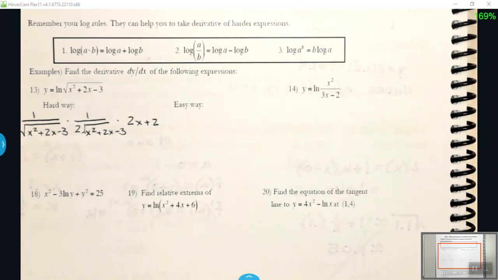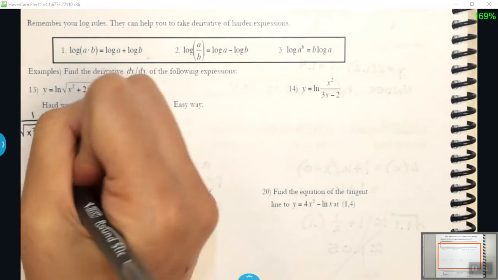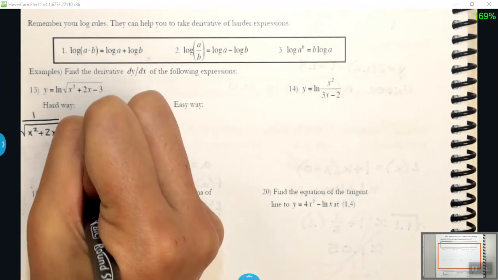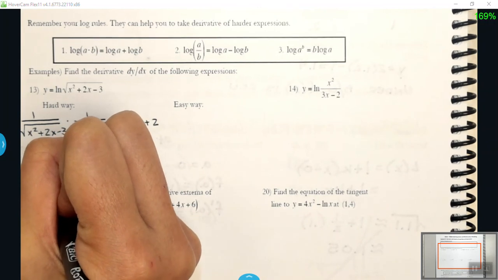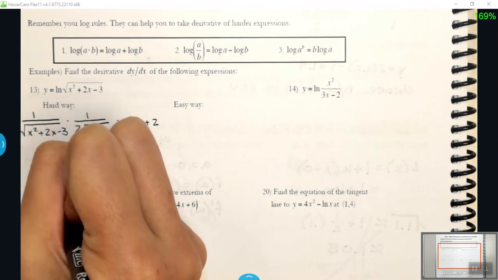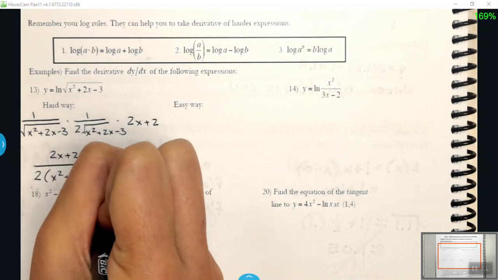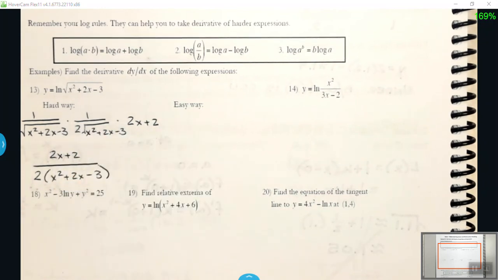Right? And then that simplifies to 2x plus 2 over 2 times x squared plus 2x minus 3, because the square roots multiplied together. Then you can factor out a 2, but I'm not going to.